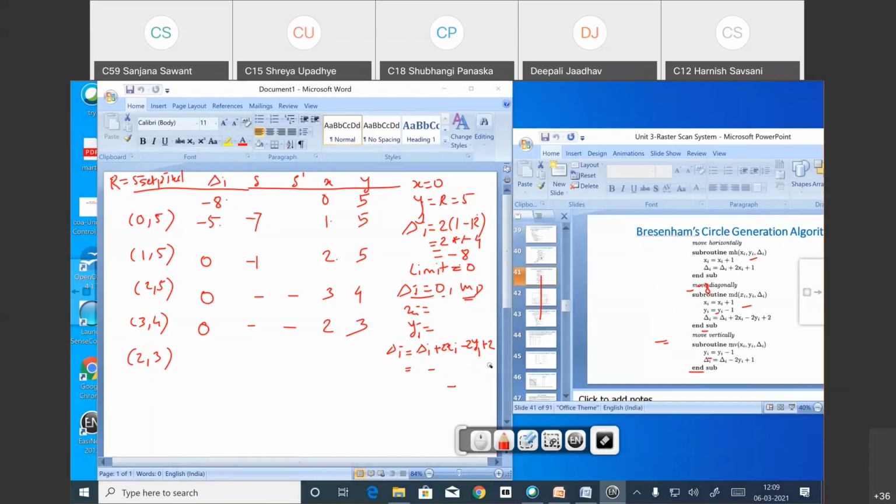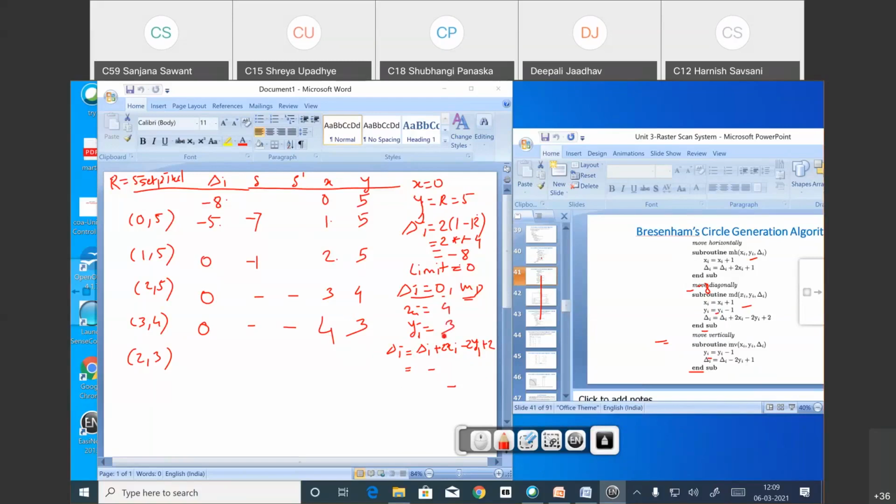Move diagonally means what? Sorry, here I am wrong. Here we need to increase the value and decrease the value. So we need to calculate it again. 4 and 3.